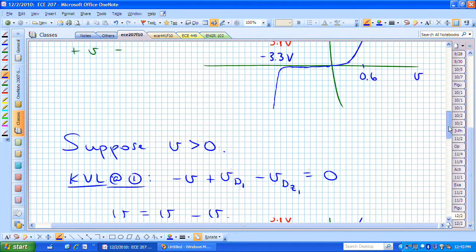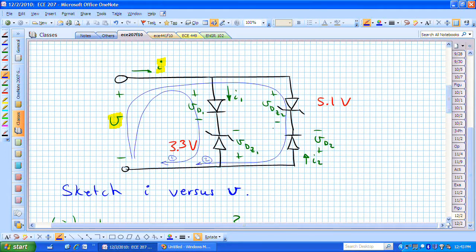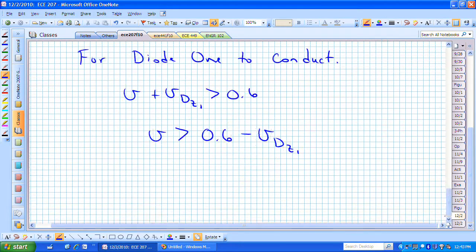In this particular configuration, V sub D sub Z sub 1 is reverse biased, and it will start to break down at 3.3 volts, and that's the only time that current is going to flow through that particular diode in the reverse direction.